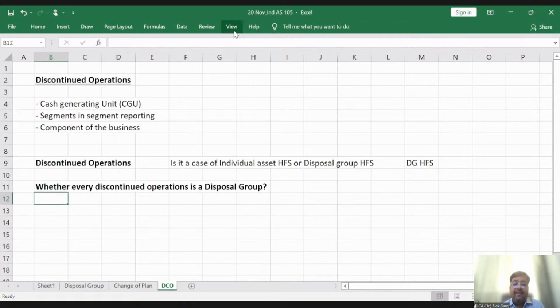But the setup which I was having in my Delhi Institute, which is your furniture, chair, table, projector, laptop, whiteboard, mic, podium, it may not be required to be sold, right? An asset will be classified as an NCA-HFS or disposal group held for sale when it is available for sale.